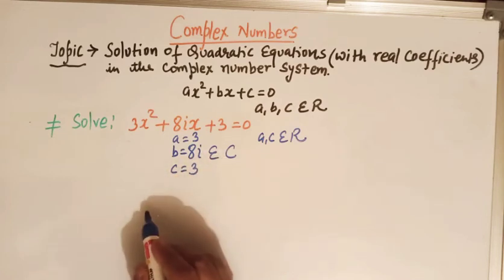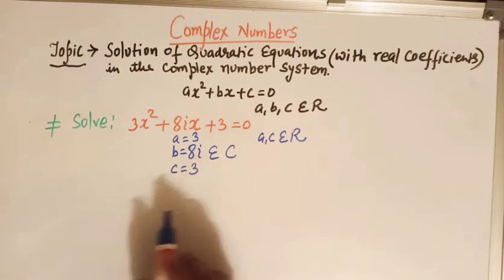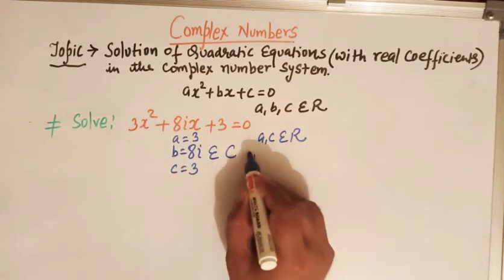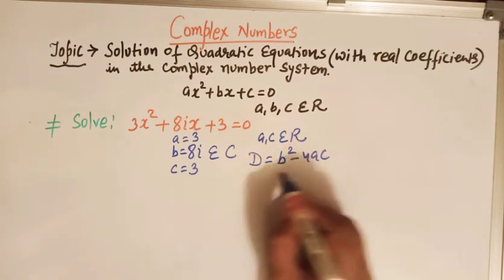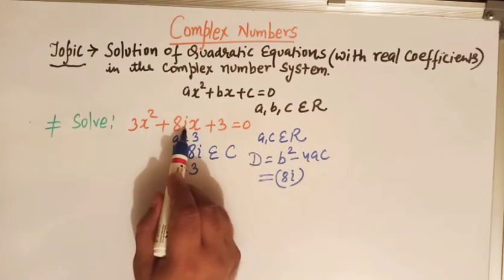But the method of solving this quadratic equation is the same as what we are discussing right now. So let us solve this quadratic equation. Let us first find the discriminant, that is b square minus 4ac. So here we have 8i, I am calling this iota as i, right?